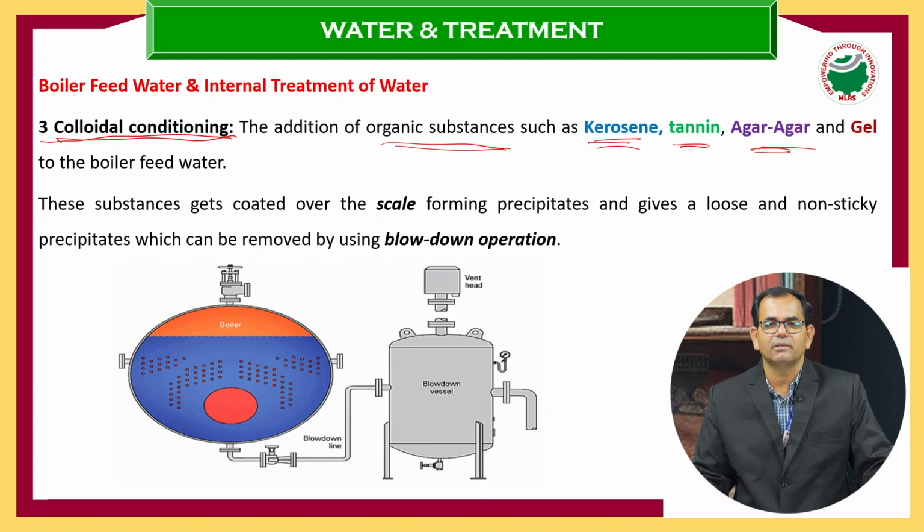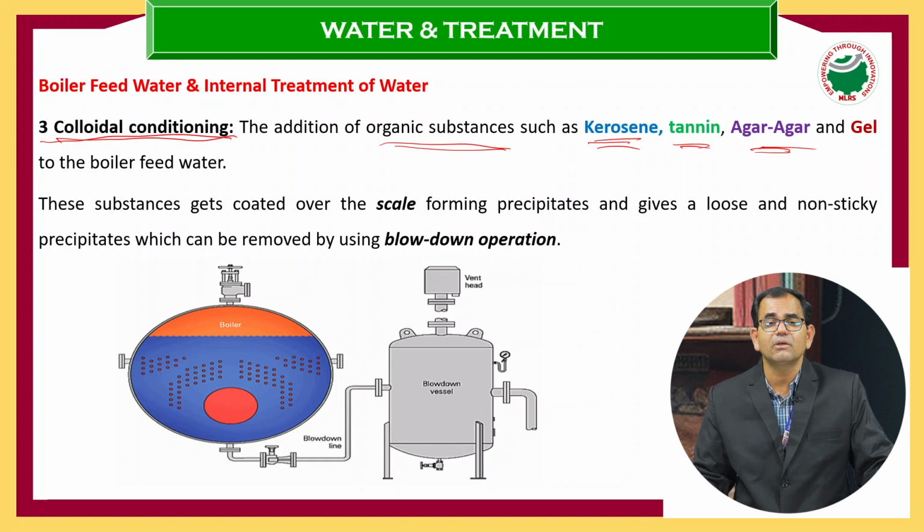inside the boiler. So how it works: whenever we do some painting or house work, our hands become painted and it is very difficult to remove. So we use turpentine and some other kerosene or diesel related materials.